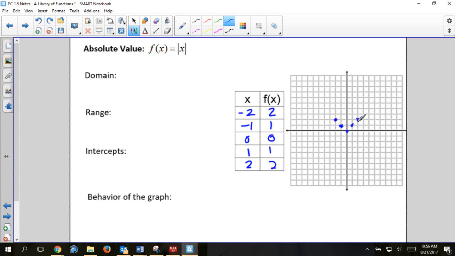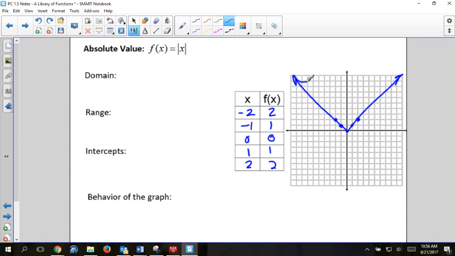And when we connect it, we know that it looks like a V. It goes on forever, so even though I stop drawing points, you use your straight edge and keep going. It's okay if you didn't use a straight edge on your notes, just use it in your mind.